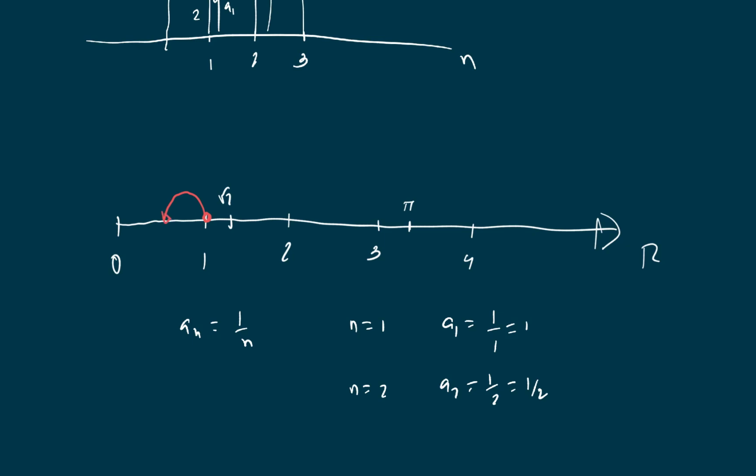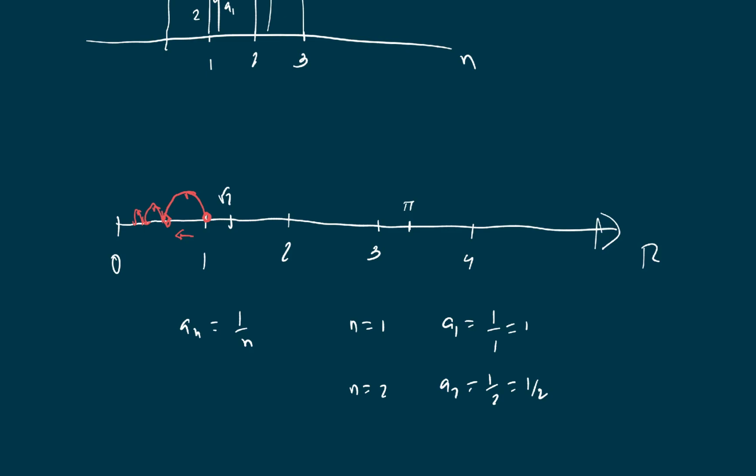Later on, the point moves to 1/3, then 1/4. You see the jumping of every term of the sequence. It will run from 1 in this direction. So the question here is, will a sub n converge to a number? It seems that a sub n will converge to 0 in these examples.